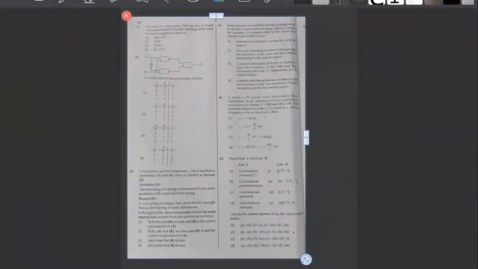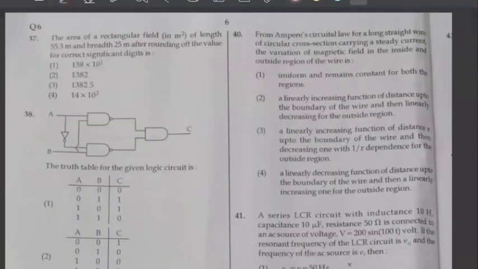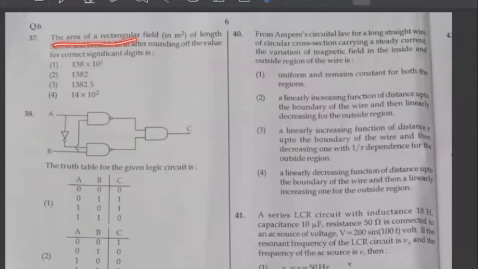Okay. So going ahead, the next one here is the area of a rectangular field in meter square, with significant digits. Okay, so they are just talking about a rectangle.